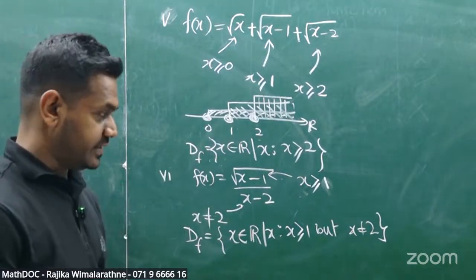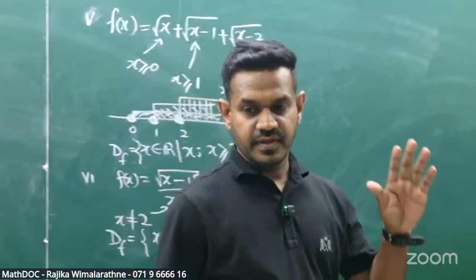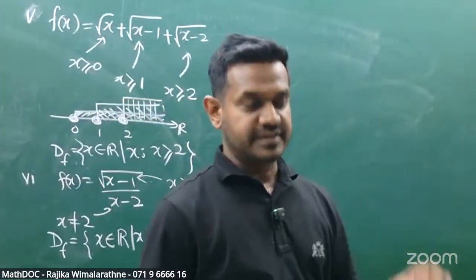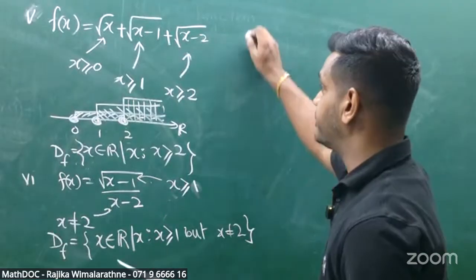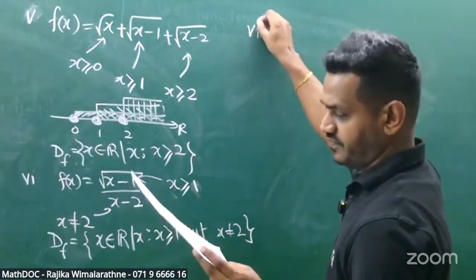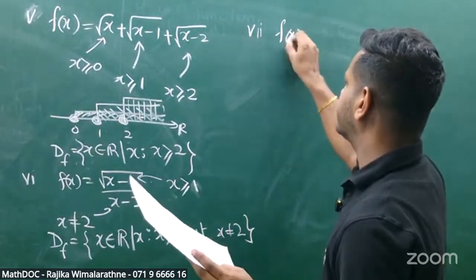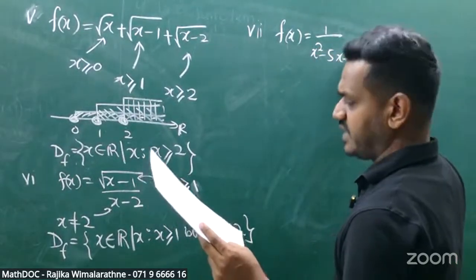Okay, let's move further. Now take this, the seventh one. Here f(x) equals 1 over x square minus 5x plus 6.